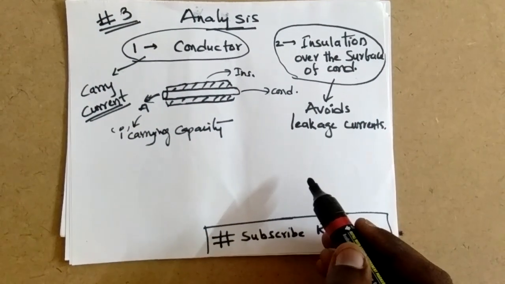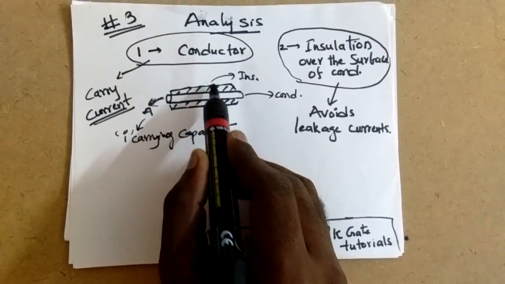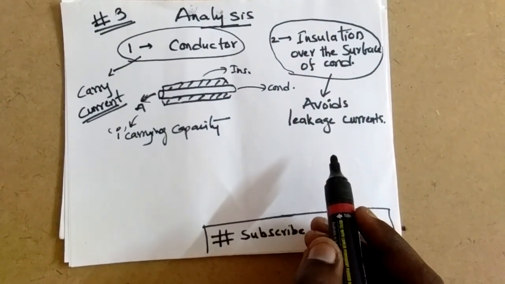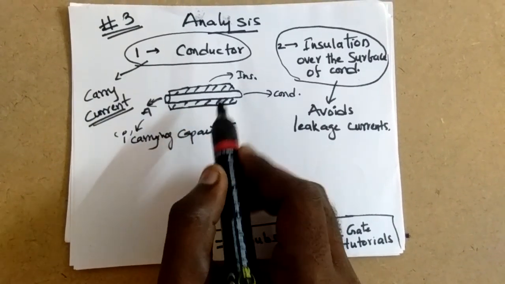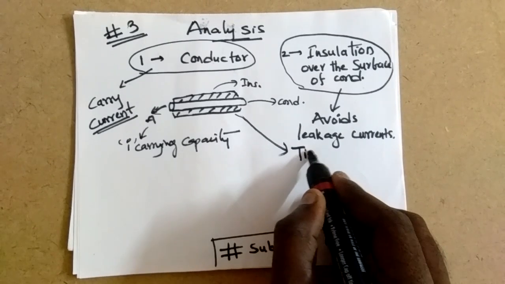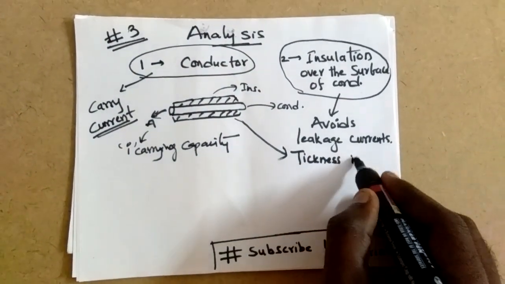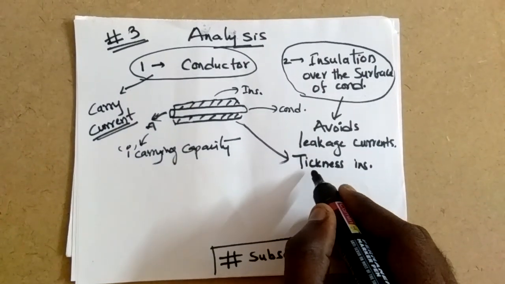Now let us go for the insulation. How thick is the insulation to be? That is one of the criteria. The thickness of this insulation is based on the operating voltage.